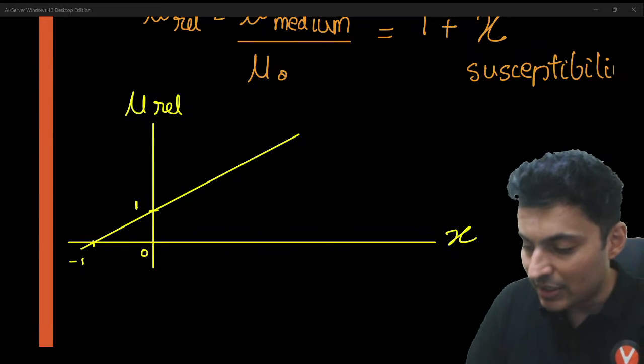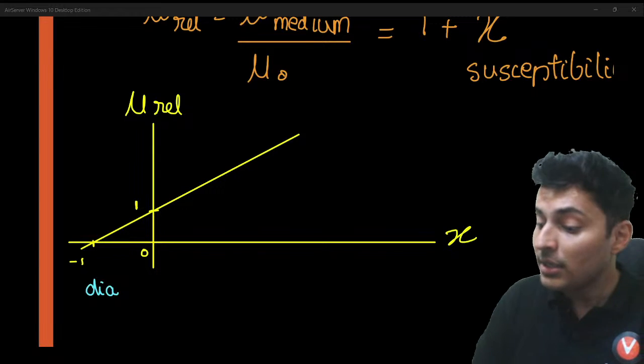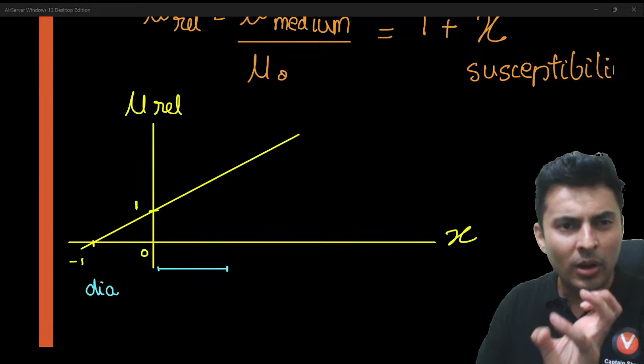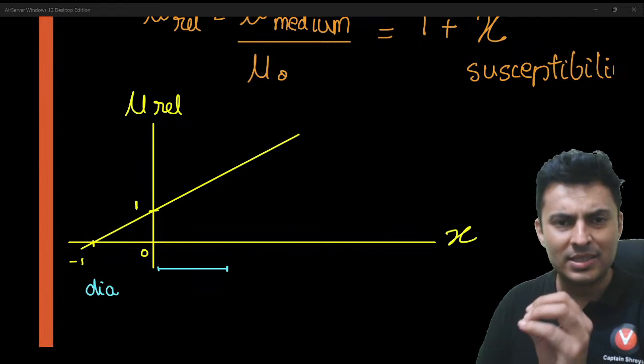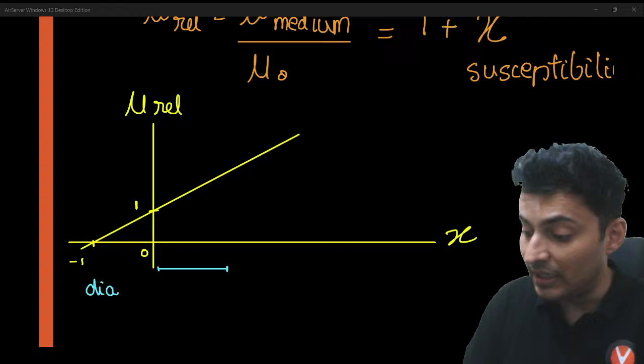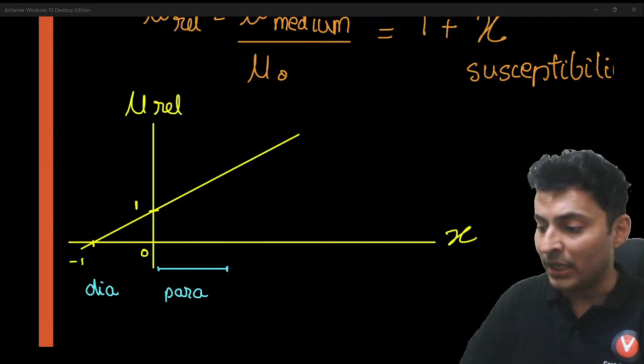This region is for diamagnetic materials. The region where the permeability is a small positive value, or susceptibility is very small, is a paramagnetic material.